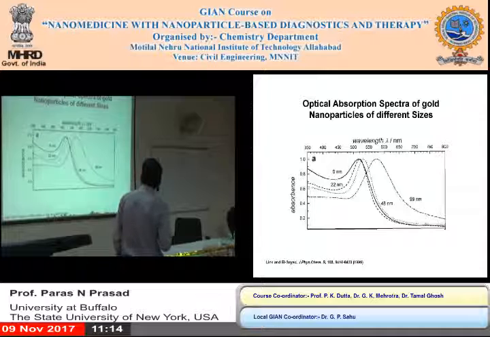So different size nanoparticles may have a slight shift in the case of gold, but primarily they're around the green region.